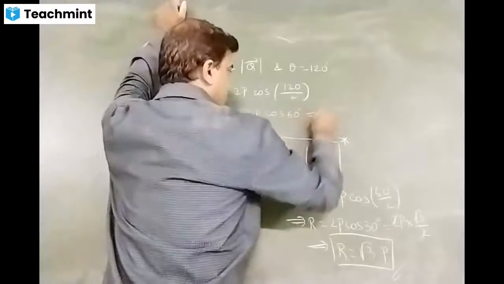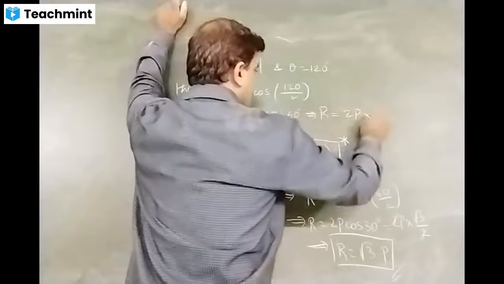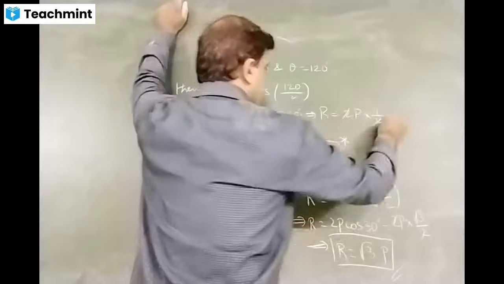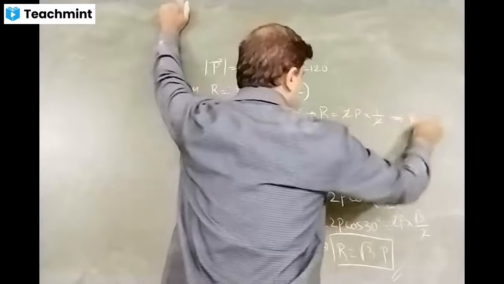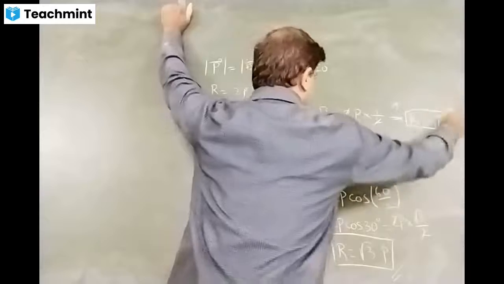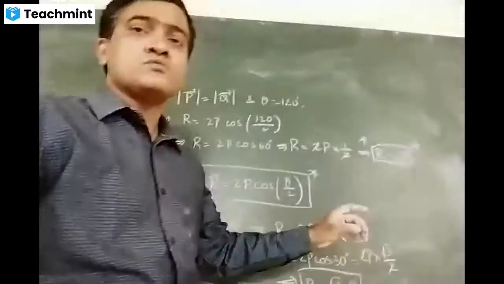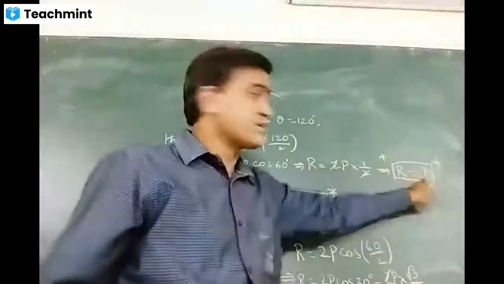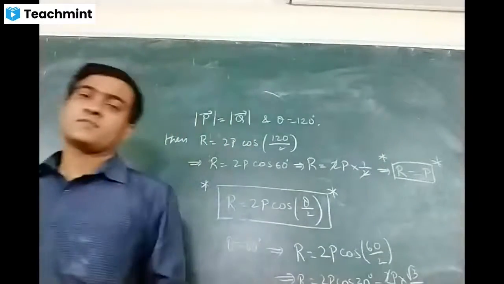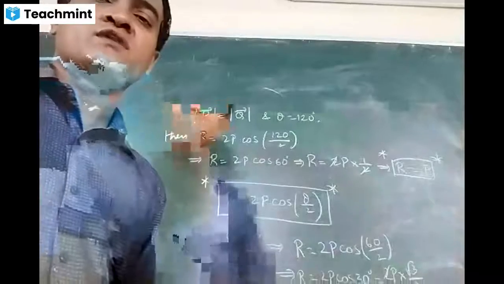So R is equal to 2p into 1/2. The 2 gets cancelled. R is equal to P. Very, very important. Now resultant is also equal to one of the vectors.